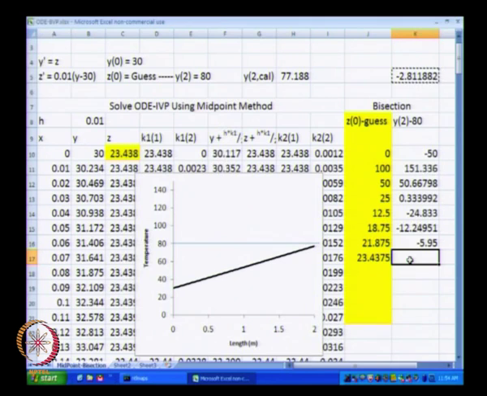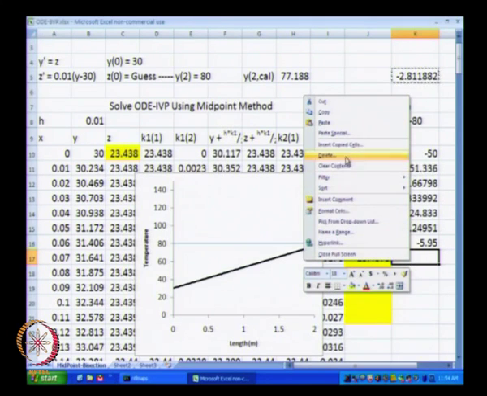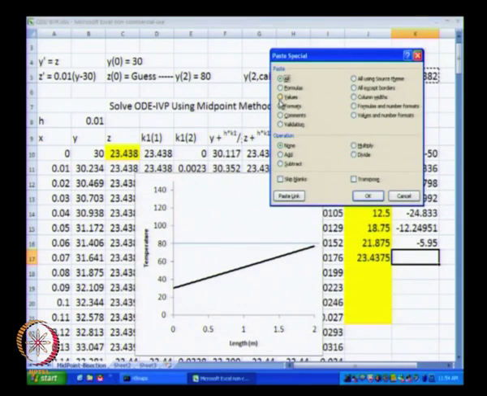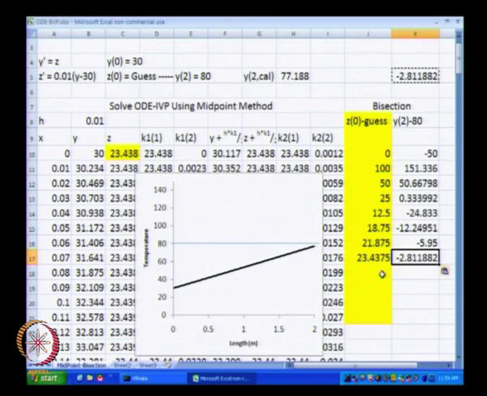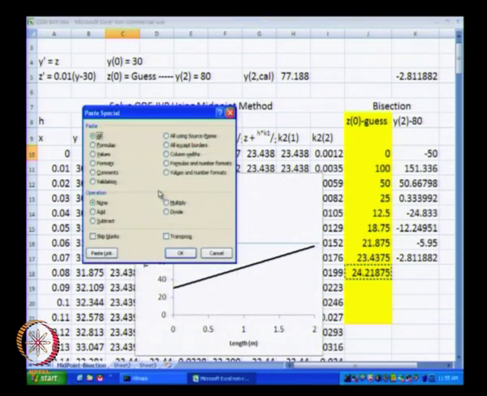We copy this and paste it over here again using paste special, and because this is a negative value we are going to retain the solution 25 and replace the other solution with 23.43. So we will take the average of 23.43 and 25, which lie on either side of the solution, and this becomes our new average. We copy it and paste it in the yellow block over here using paste special.